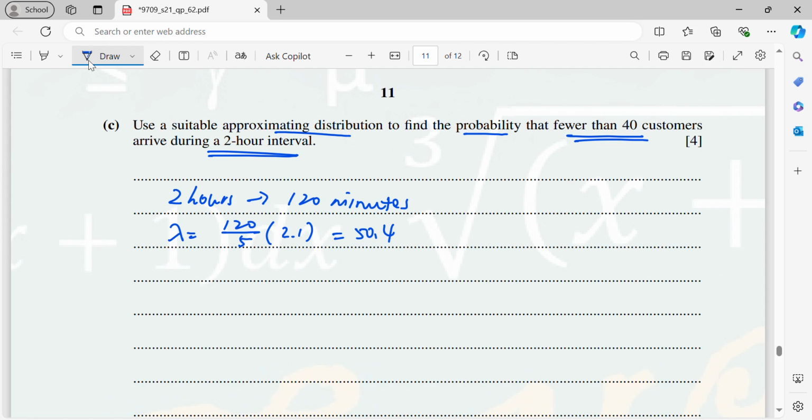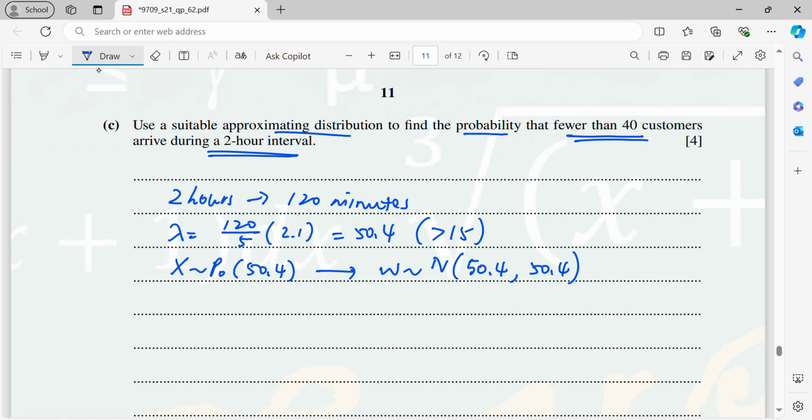Since your lambda is large, our approximation, which was initially Poisson, now has to be approximated to normal, because your lambda is greater than 15. So X was Poisson distributed with mean 50.4, and now it becomes normally distributed, where the mean is 50.4 and the variance is 50.4 as well.